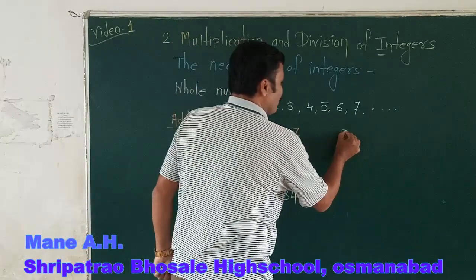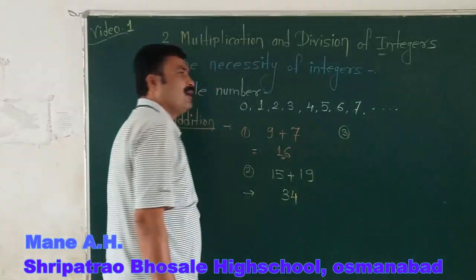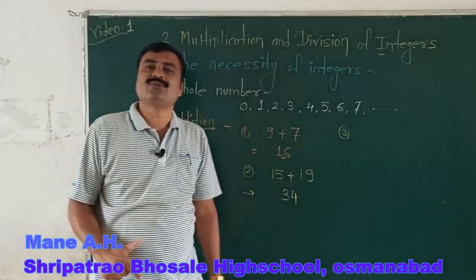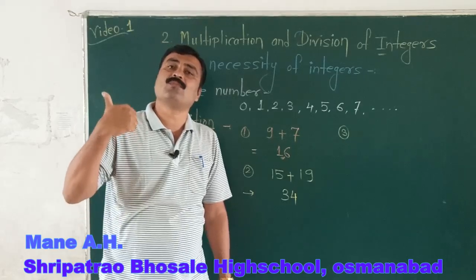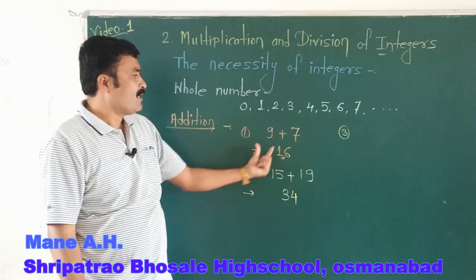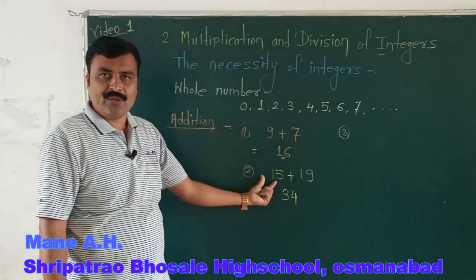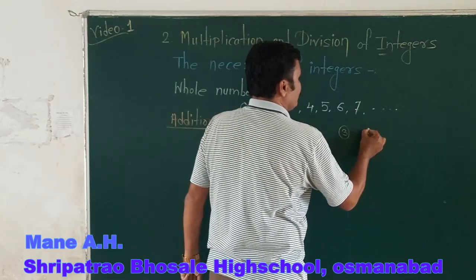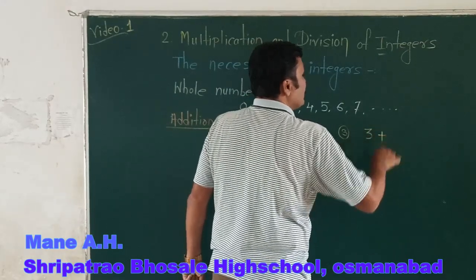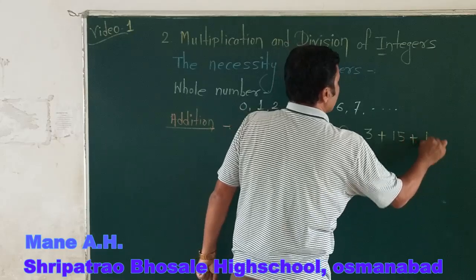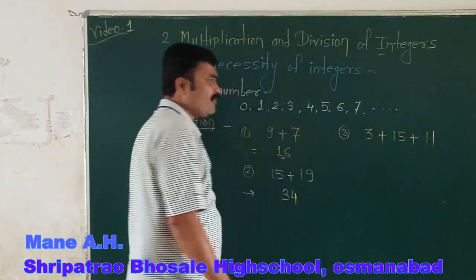Let's take another, third example. As per the basic concept of addition, we can add two or more than two numbers also. So, in the first two examples, I took only two whole numbers. In the third example, I am taking a group of three different whole numbers, 3 plus 15 plus 11.